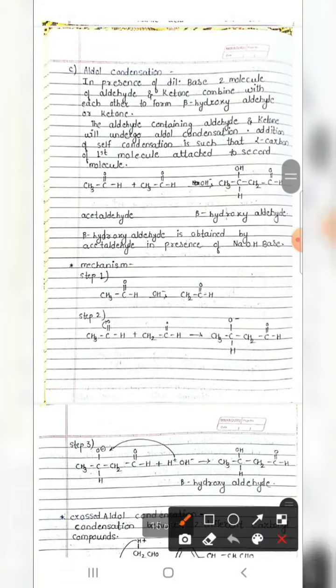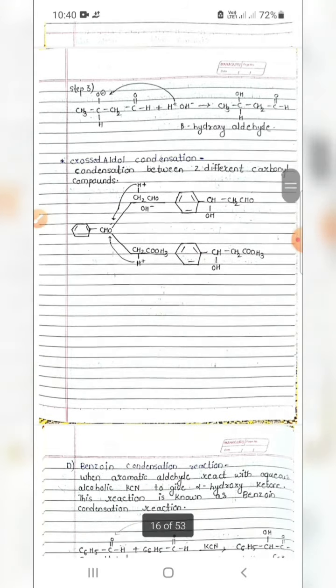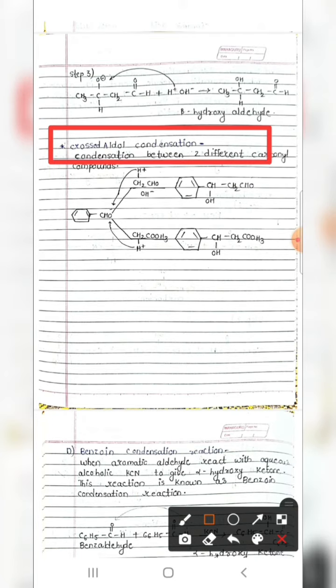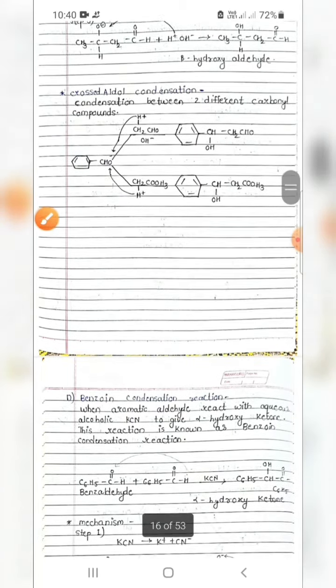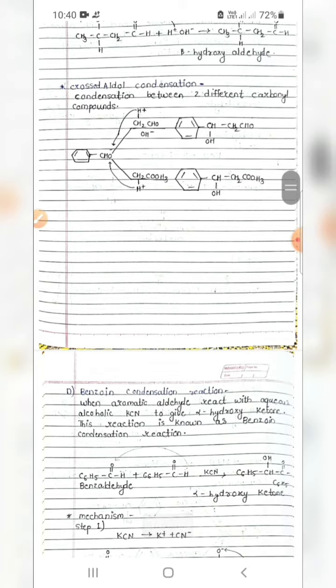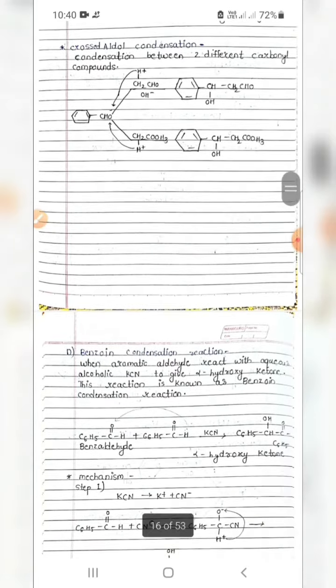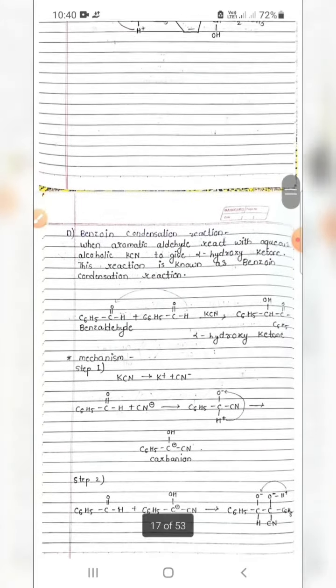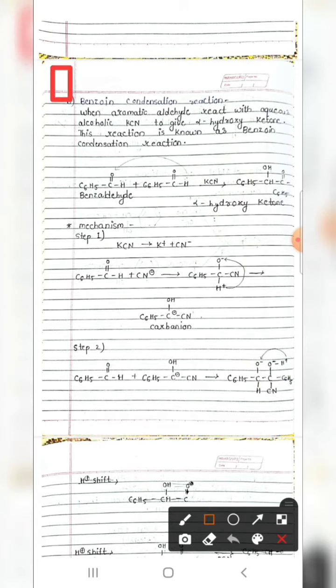You have to explain it with its mechanism. Then cross aldol condensation reaction. It is not asked in exam, but in some old question paper most of the time it is asked, so I have also involved cross aldol condensation in short. So same, next question, benzoin condensation reaction with its mechanism you have to explain.